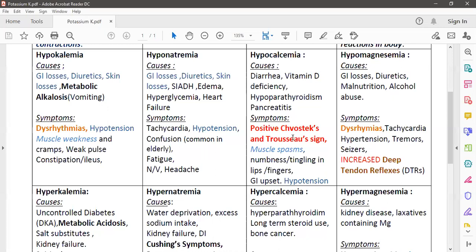Keep in mind, if your patient has low calcium, they must also suffer from hyperphosphatemia. When the body reduces calcium, at the same time the phosphorus level goes up.